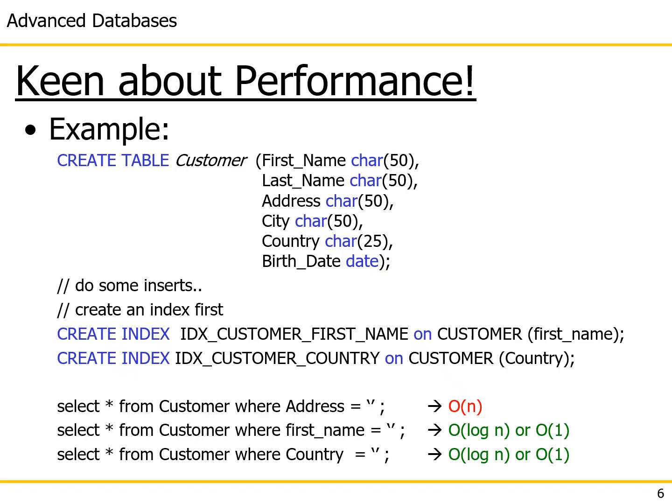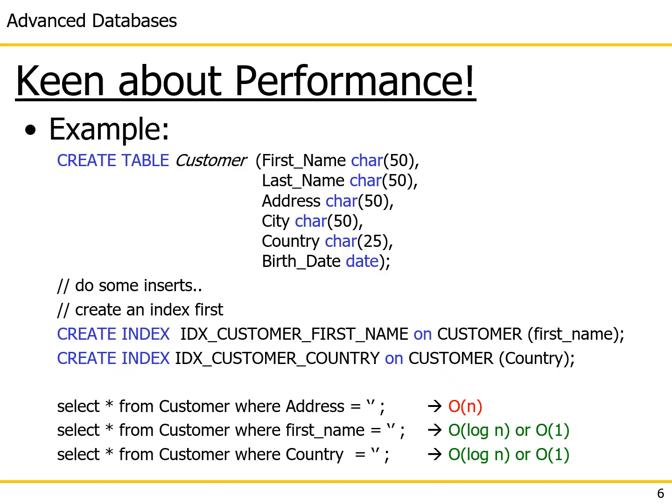It will use the index instead. And the index is made in a way to speed up access to any given value it is storing. So IDX_customer_country stores the content of the country column in the customer table, but it's storing those countries in an efficient way. So if you'd like to look up any country, you can find it fast.